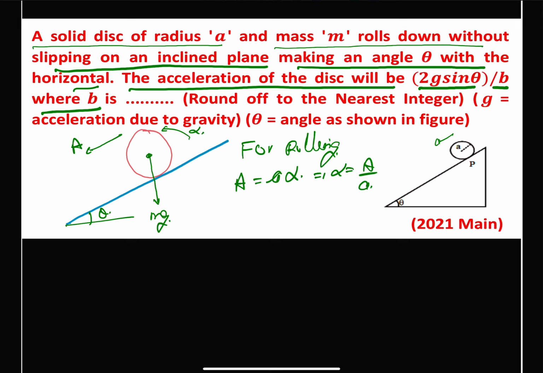And here a is the radius. And mg we can divide into two components. So this angle will be theta. So we have mg cos of theta, and mg sine of theta. And there is a frictional force which will be acting in the upward direction.